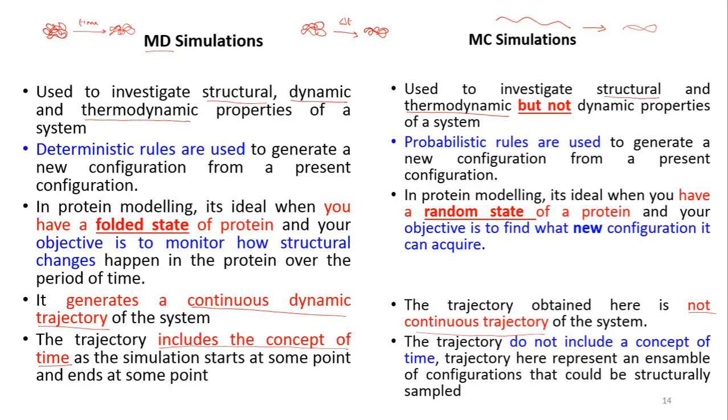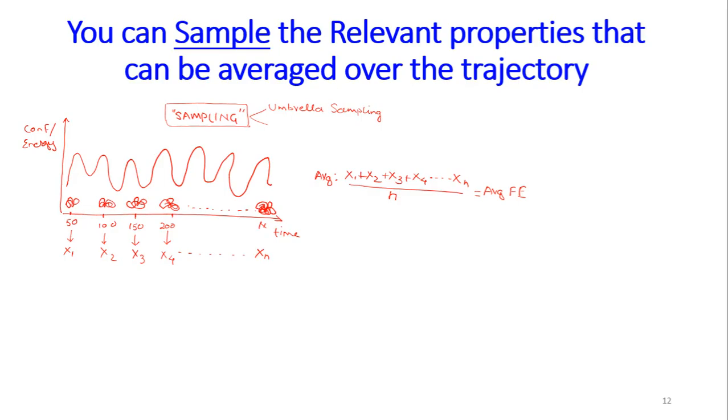So, let me summarize what exactly we have learned in this particular session. What we have learned is what exactly sampling is, and what we mean when we say that we are sampling the trajectories.